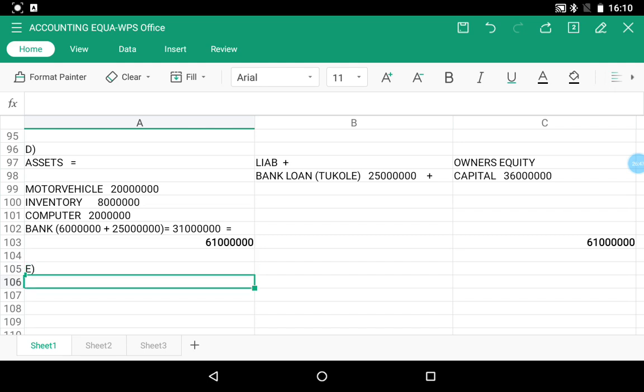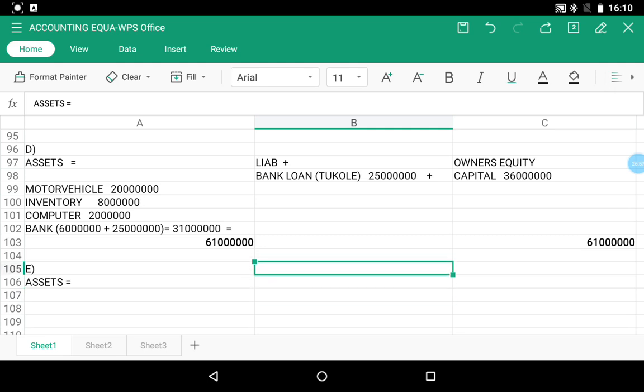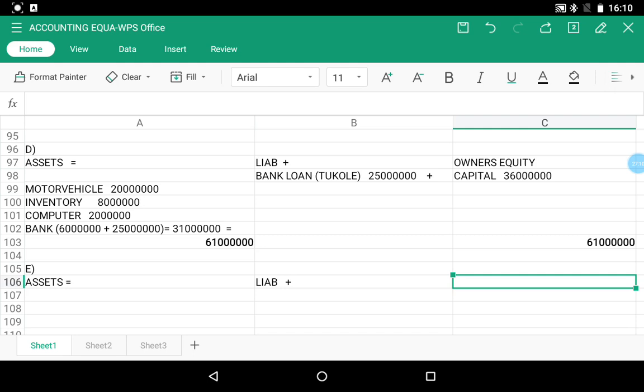So first we state our accounting equation, which is assets is equal to liabilities plus owner's equity.